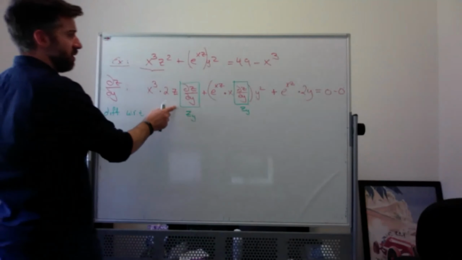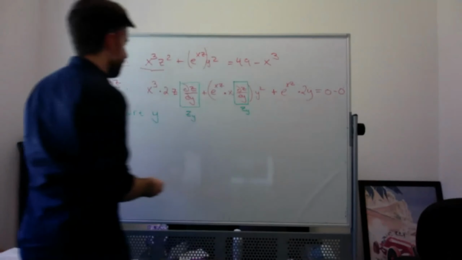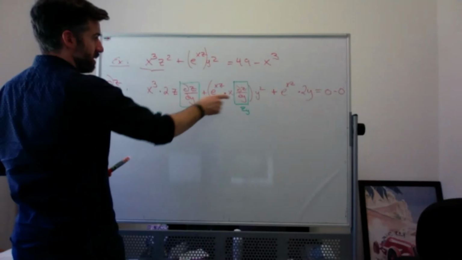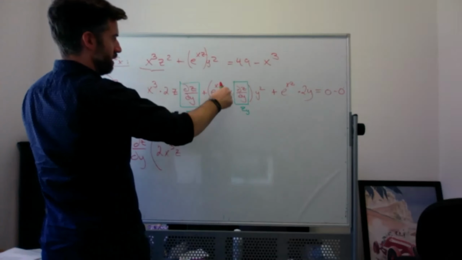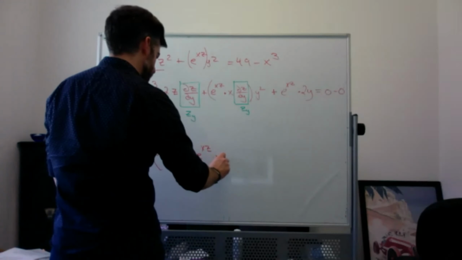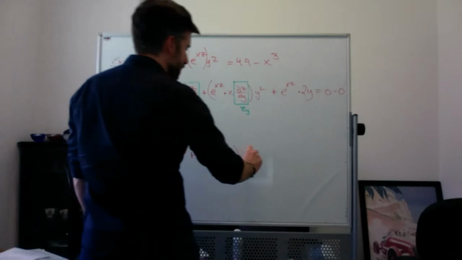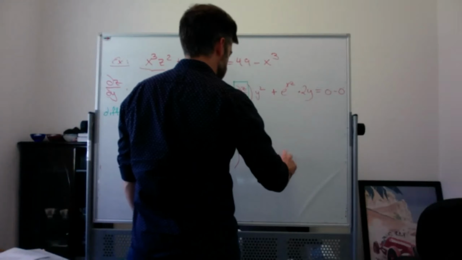So now I'm just trying to solve for this. I'm going to bring this term over to the other side and factor out the del z del y from each of these. So I have del z del y times x cubed times 2z, which I'll write as 2x cubed z, plus del z del y factored out times e to the xz times x times y squared, equal to, subtracting this over to the side, 2y e to the xz.